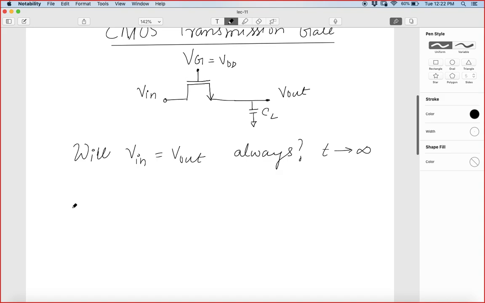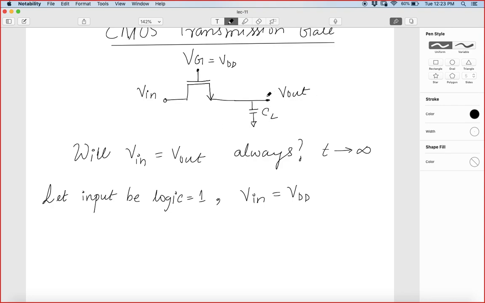Let's imagine that I have applied a logic 1, or you can say that if you consider logic 1 as VDD, suppose. So I have applied an input logic 1. This V in is equal to VDD.